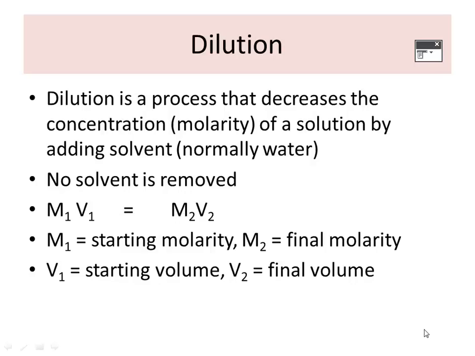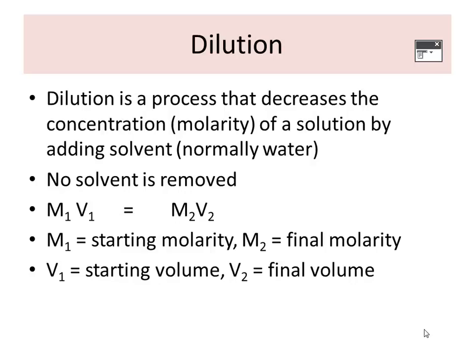What dilution is, it's a process where you decrease the concentration of something by adding something else. Normally, listen up, normally we're adding water. A good example is if you've ever made orange juice from an orange juice concentrate or lemonade from frozen lemonade.